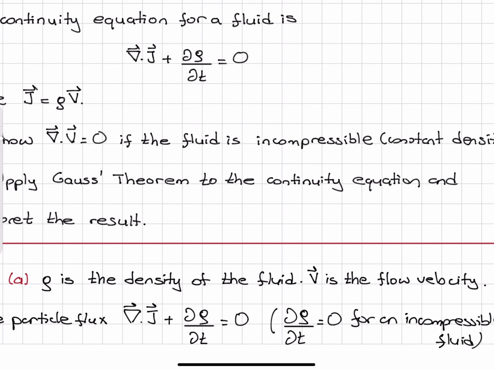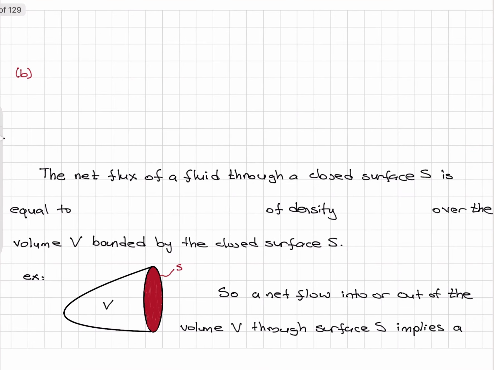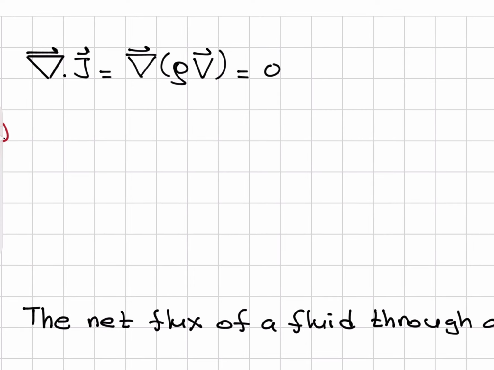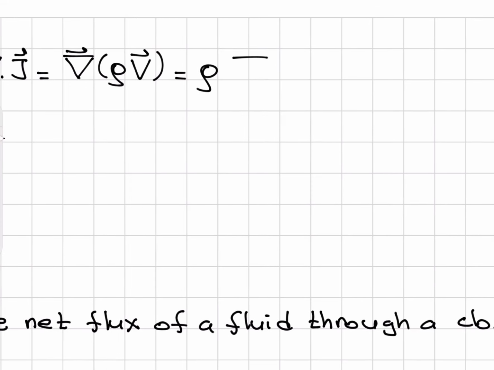All right. And this implies that divergence of J, which is divergence of the density multiplied with the flow velocity, which is the density, because density is a constant, multiplied by divergence of the flow velocity is 0.